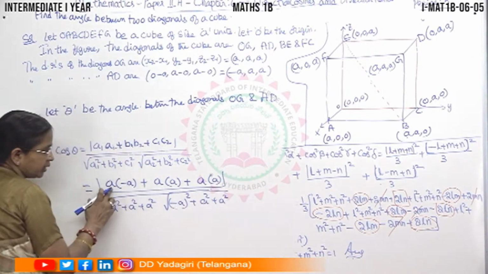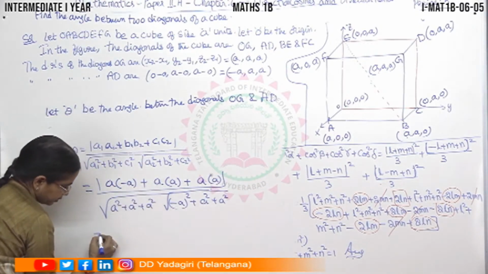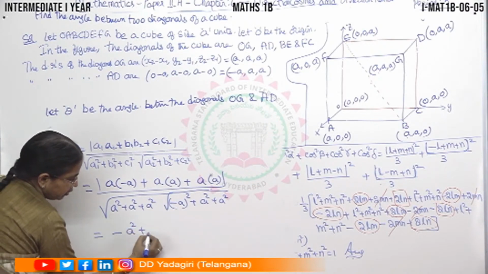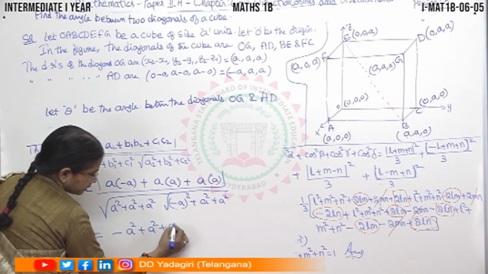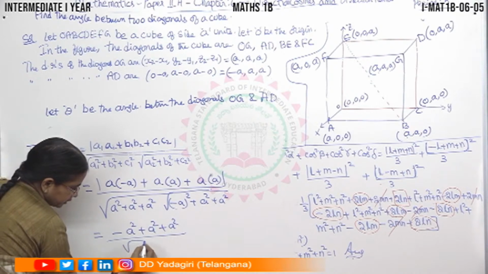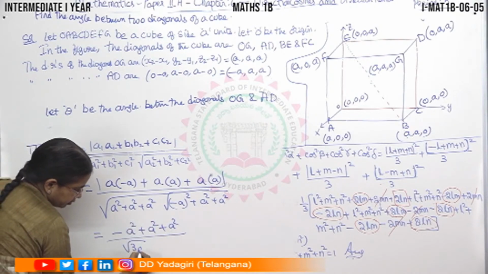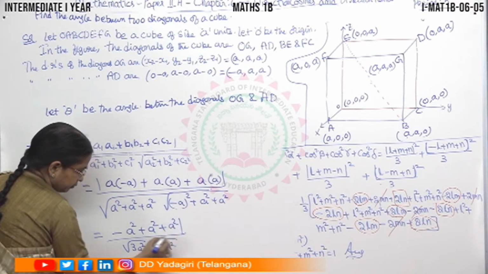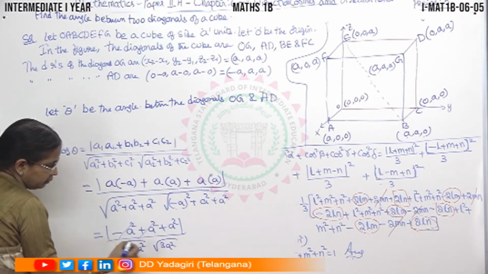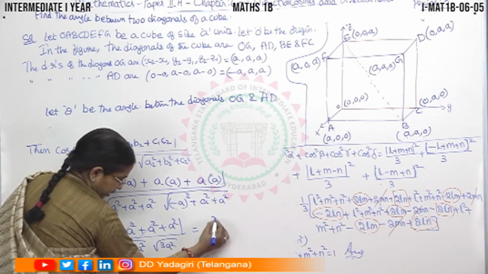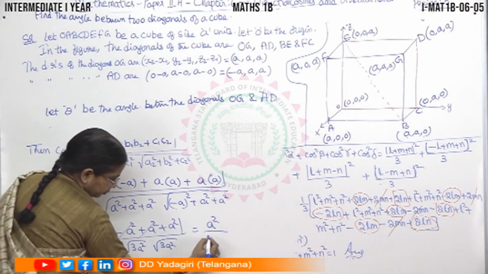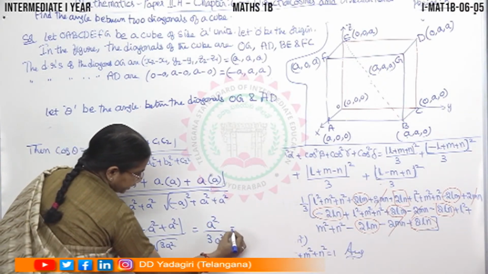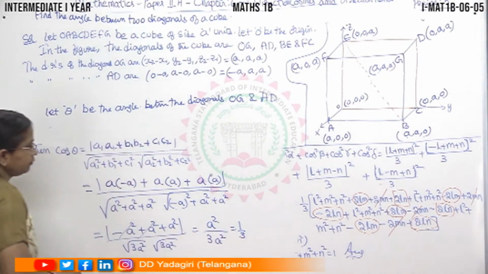So this is minus A square plus A square plus A square by, this is 3 times A square. So root of 3A square into root of again 3A square. So A square gets cancelled. So it is A square by 3A square. That is 1 by 3.